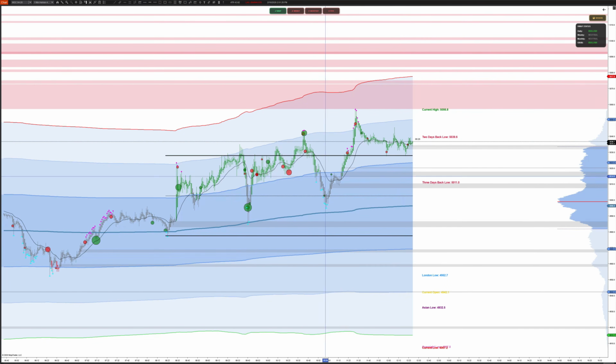Nothing on this chart, as far as the VWAP or the volume profile or the order flow bubbles, changes based on your bar size. What will change is your imbalances, but our imbalances are multi-time frame. So you can still continue to look at these 1-minute imbalances, even if you're using a 5-minute chart.